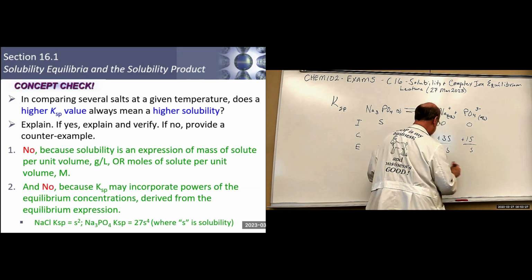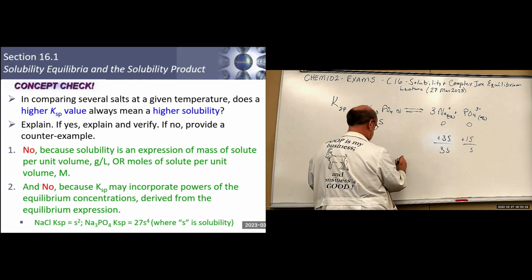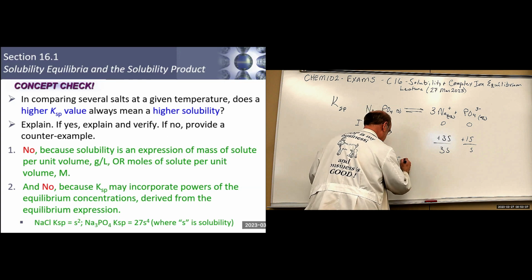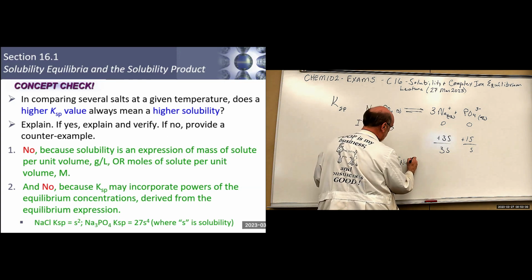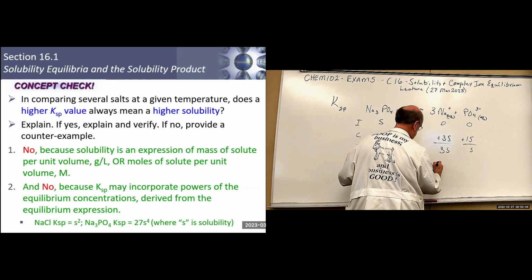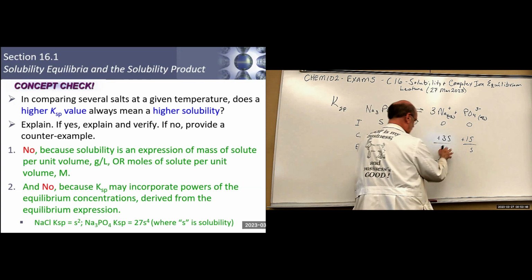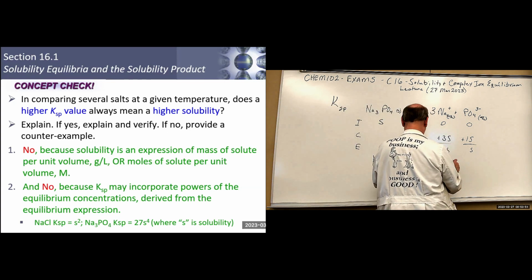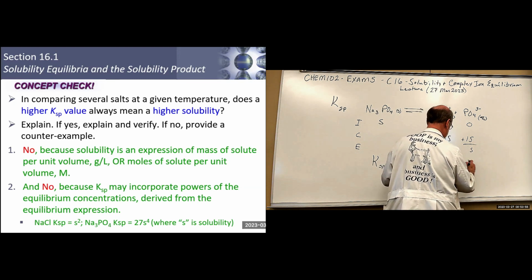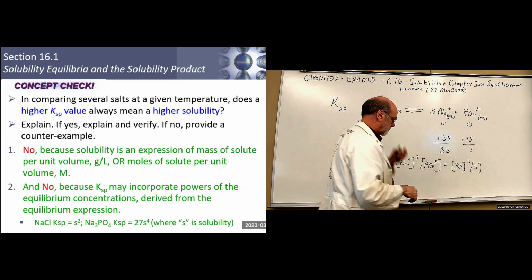So our Ksp would be sodium ions cubed times phosphate ions to the first power. Now we plug in our unknown: 3S for the sodium, cubed, and 1S for the phosphate to the first power.